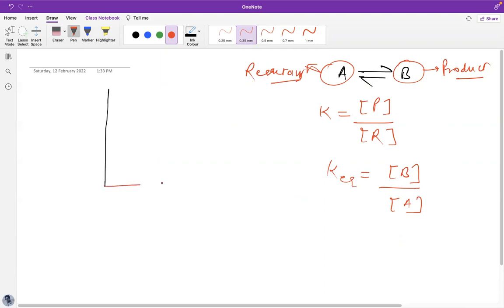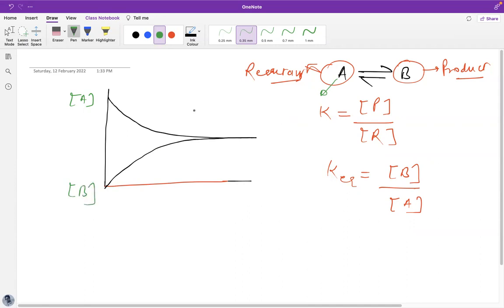So suppose I am going to make the graph. You can see at the very start of the reaction, reactant always has higher concentration. So this is my A. And at the initial point, when the reaction starts, your product will be 0. So this is my B. At the very starting point, product is 0 and reactant has more moles.